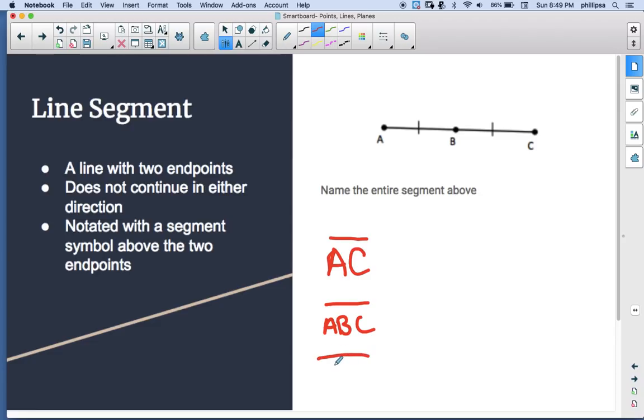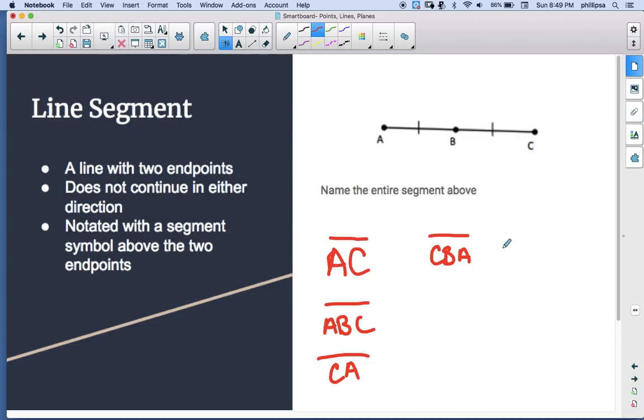This would also be the same as segment CA. It would also be the same as segment CBA. These are all equivalent. You don't have to use all of them to name it, but they are the same.